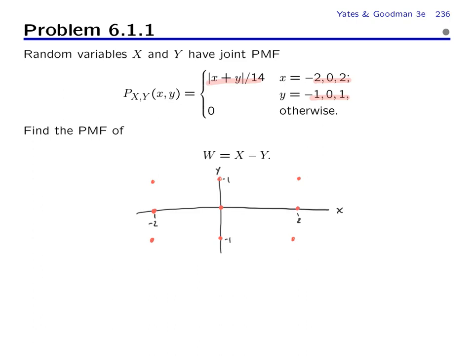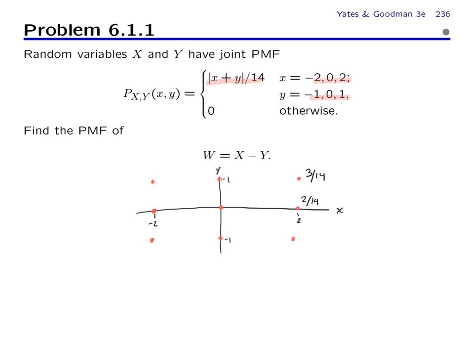For instance, at x equals 2 and y equals 1, we get from the PMF that the absolute value of x plus y over 14 is equal to 3 over 14. Similarly, at x equals 2 and y equals 0, we get 2 over 14.